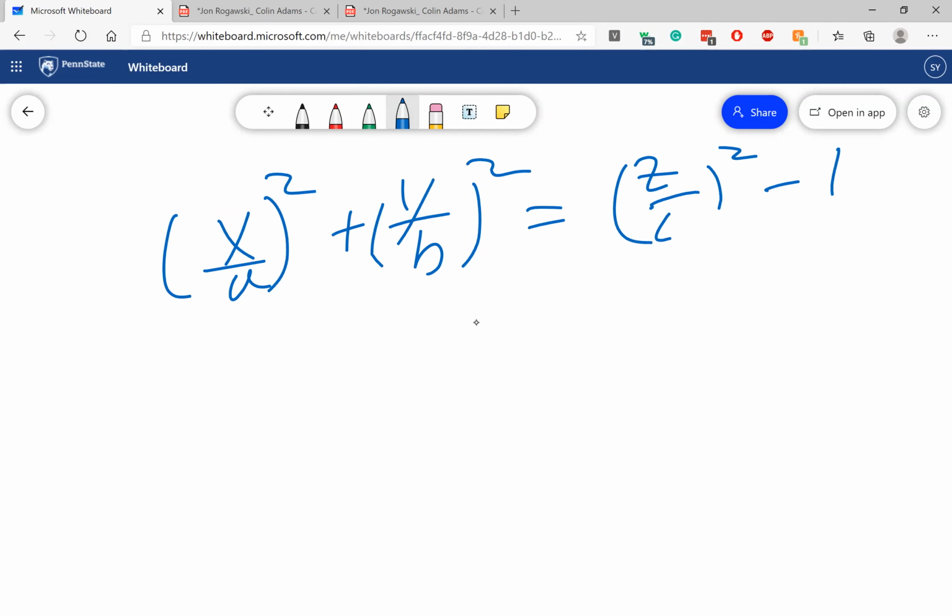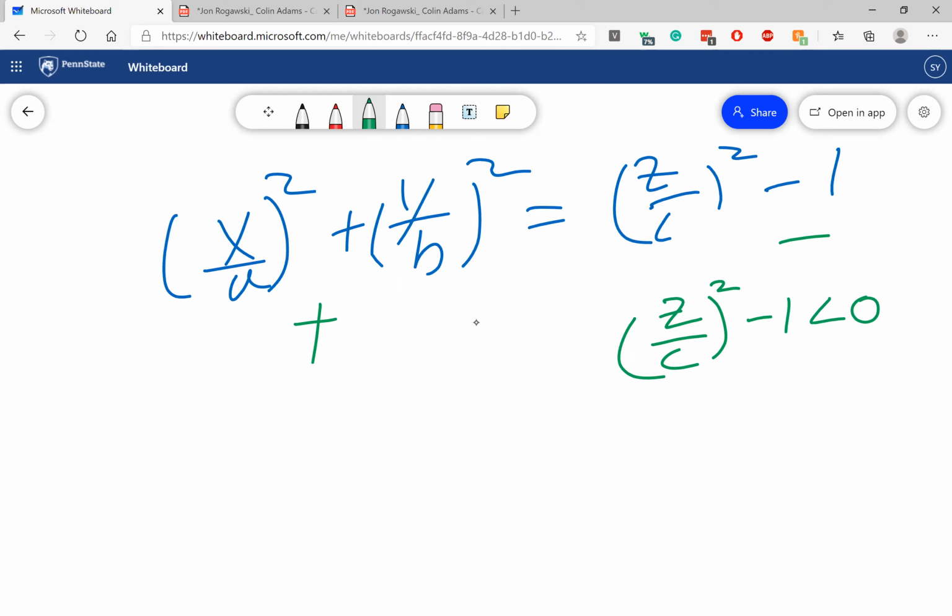Now this over here is positive, so this side is positive. This side might be negative at this point, because if z over c squared minus 1 is less than 0, then this side is negative.